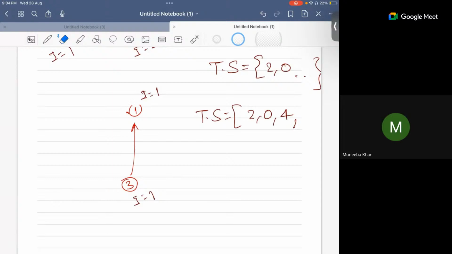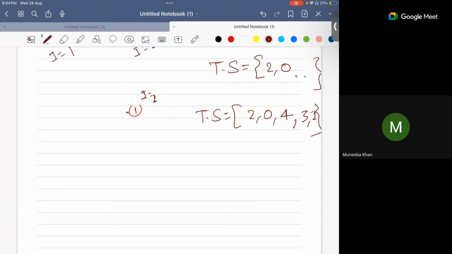Now update again: here it is 1, here it is 0. Again we take out the vertex with in degree 0, put it in the topological sorting, and then remove that vertex with the edges. Now we are left with 1. So this is your topological sequence.